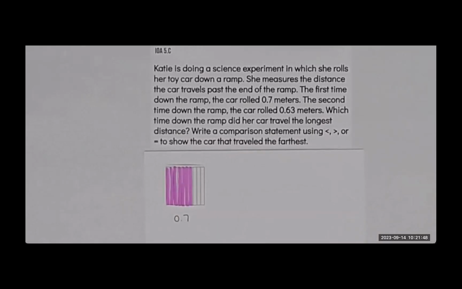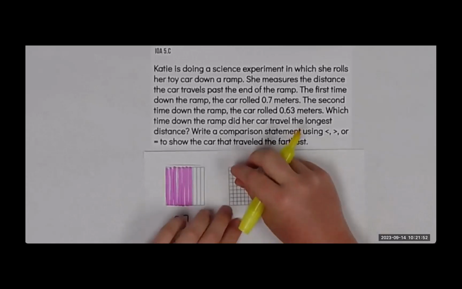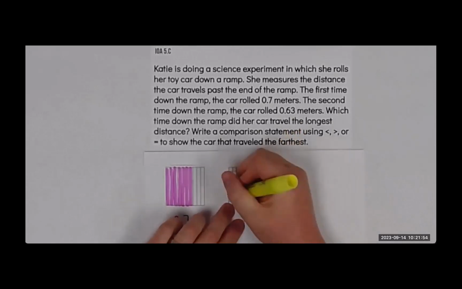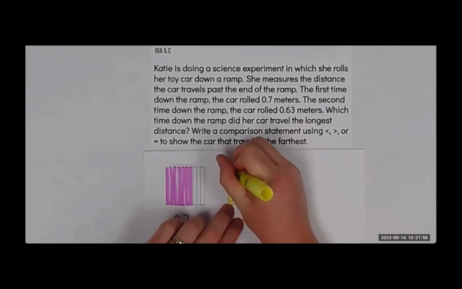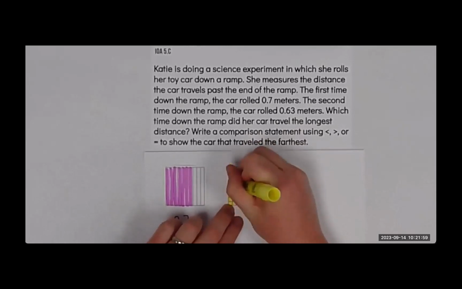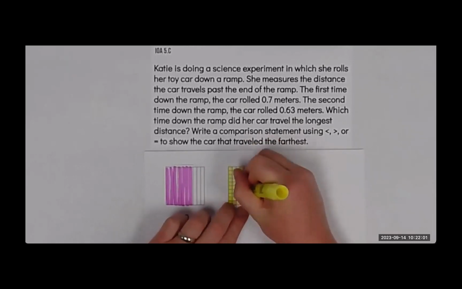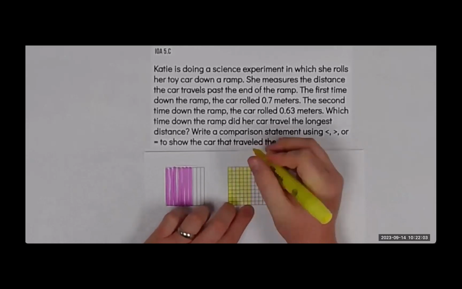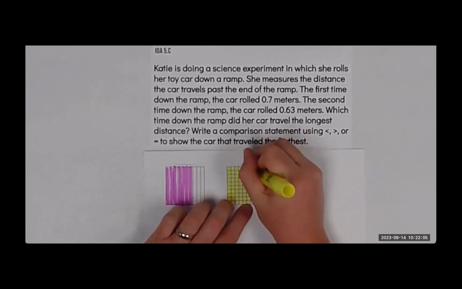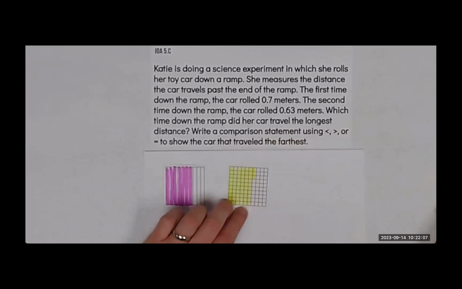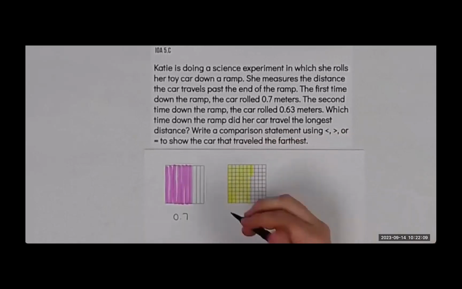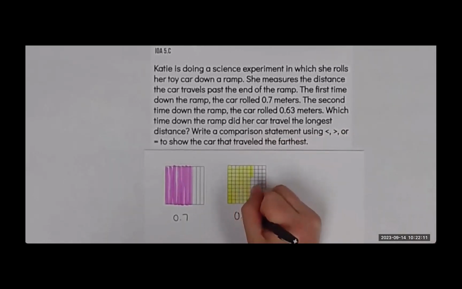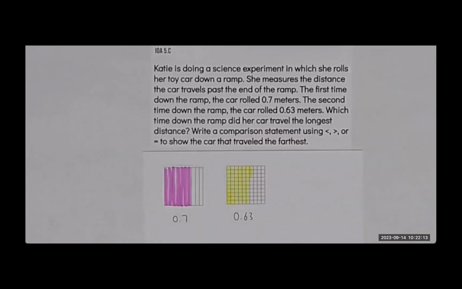Now I can model 63 hundredths using a decimal grid. So I'm going to shade in 63 hundredths. To write this as a decimal, I can write this as 0.63.